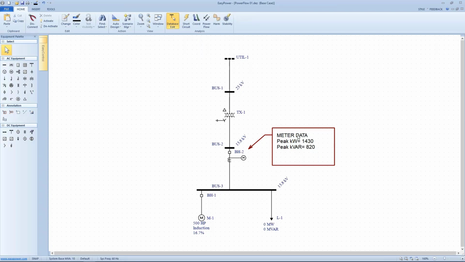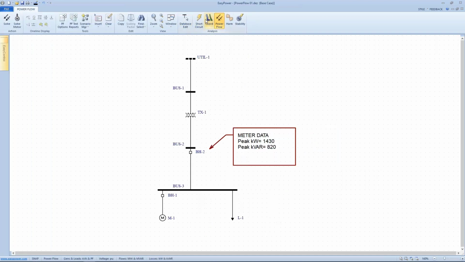So here we're showing meter data on a distribution feeder system that shows peak kilowatt and peak kVAR at this point in my system. If I go in and do a PowerFlow analysis based upon my nameplate data, I can show that my loads are consuming, in this case, 471 kilowatts.